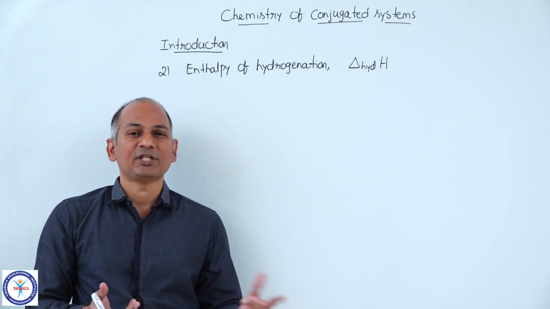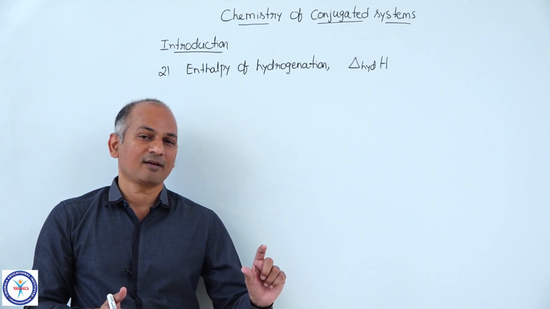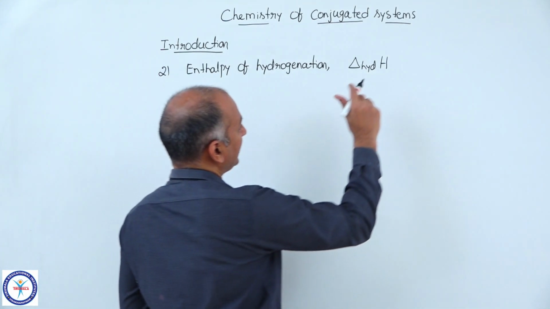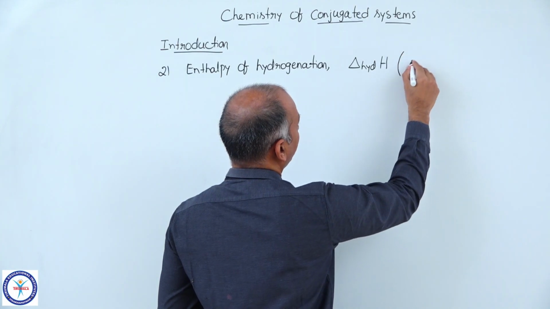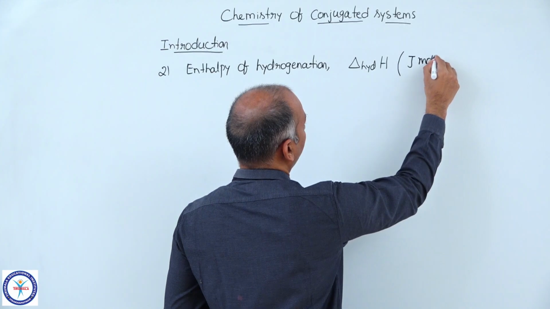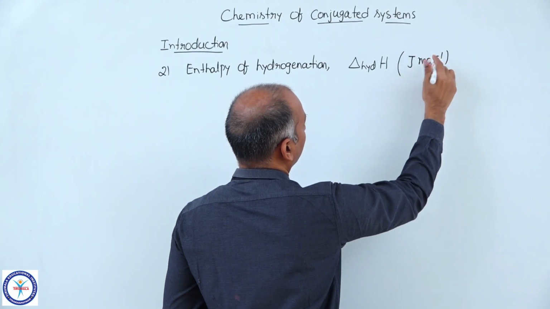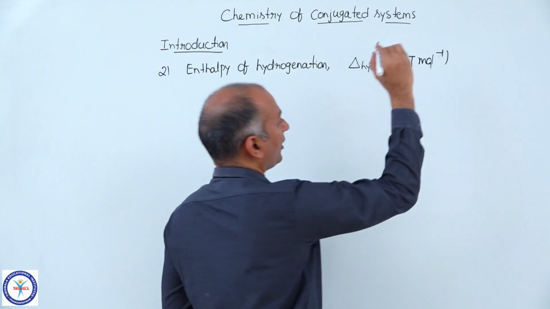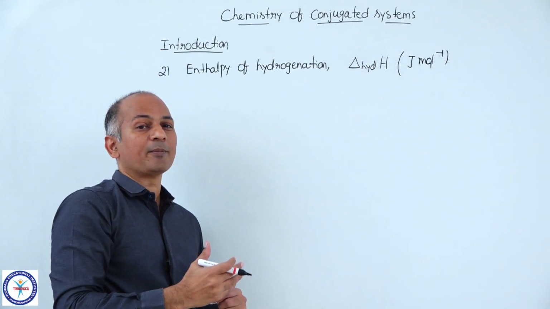The enthalpy change in that reaction is the enthalpy of hydrogenation, and its unit in the SI system is joule per mole.